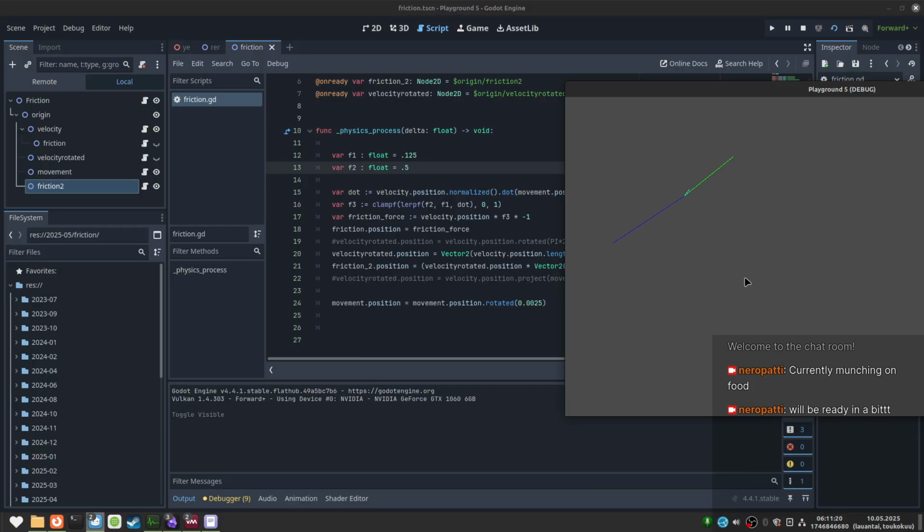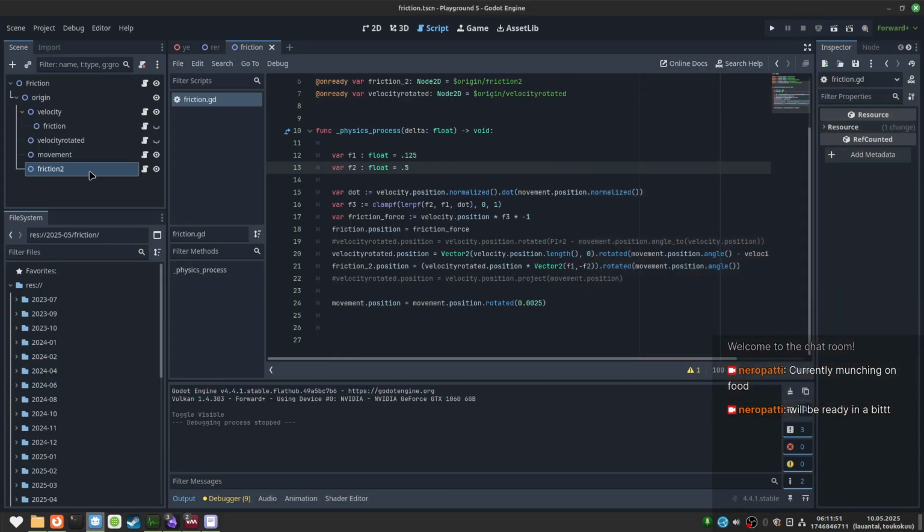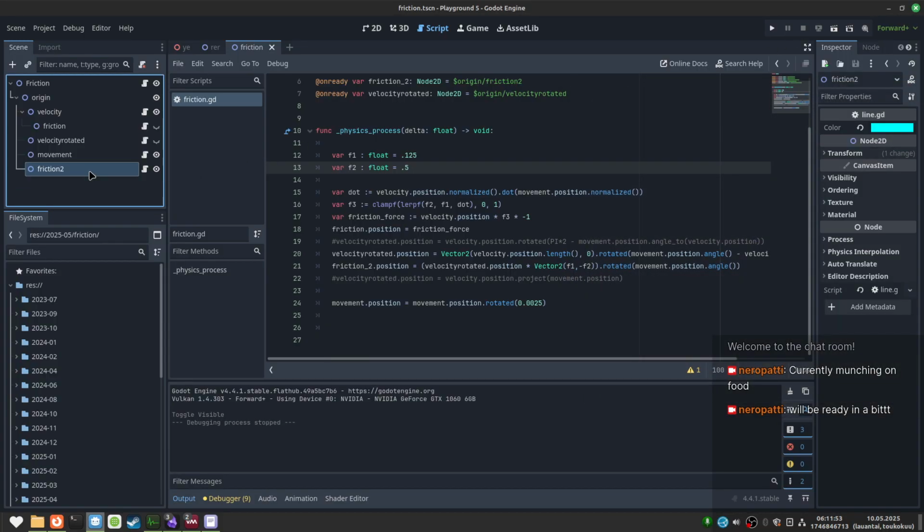I gotta make it do that at some point. Actually, this is correct. I think, no, it's not, because now it's trying to make it. Okay. Let me reparent these things. Let me make a duplicate of this.